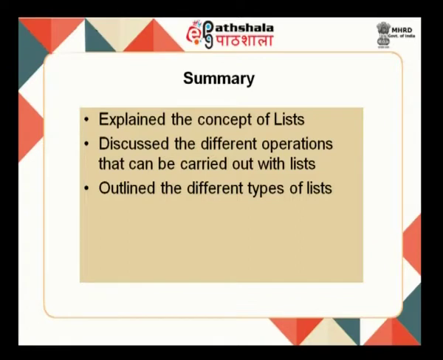Here we looked at 3 types of lists: ordered list, unordered list, and index list. We looked at all the operations that are possible specific to each of these different types of lists. So, this is what we have discussed in this module. In the next module, we will be talking about different types of implementation for the different types of lists.